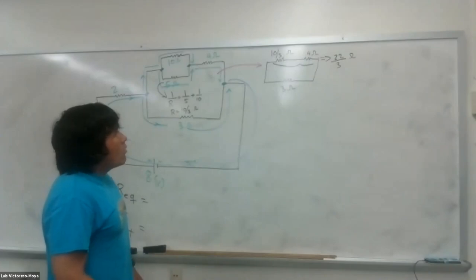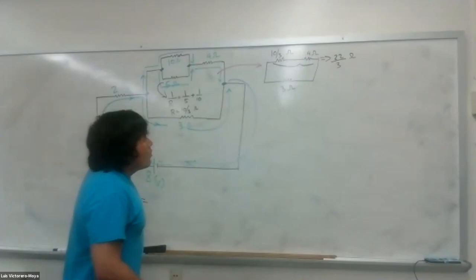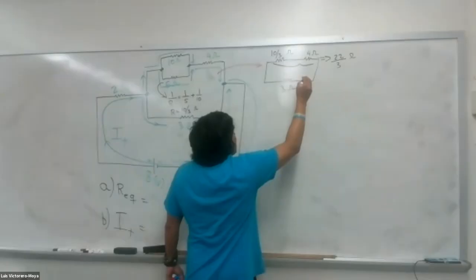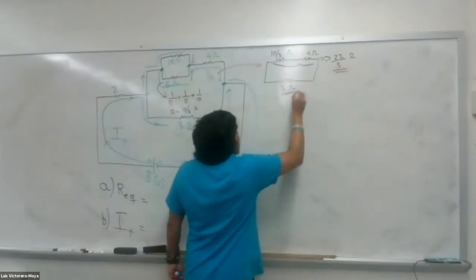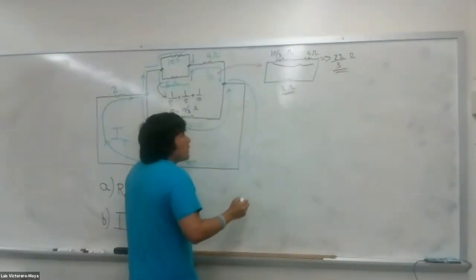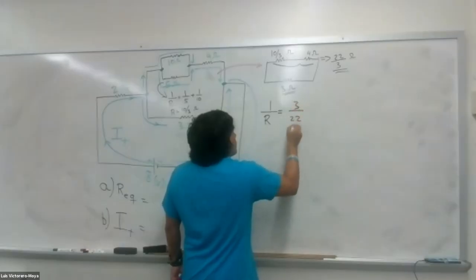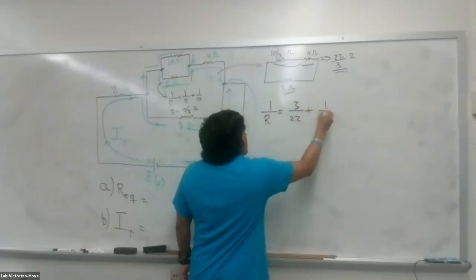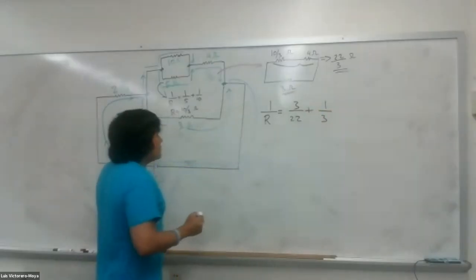And now we're going to do parallel between this and this. Right? So 1 over R equals 3 over 22 plus 1 over 3.